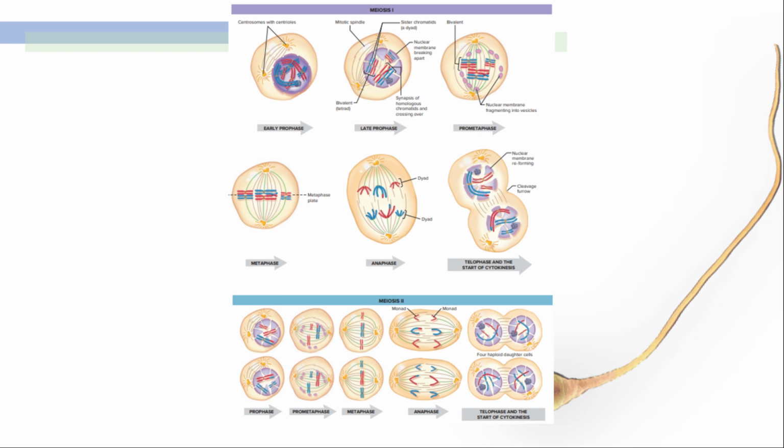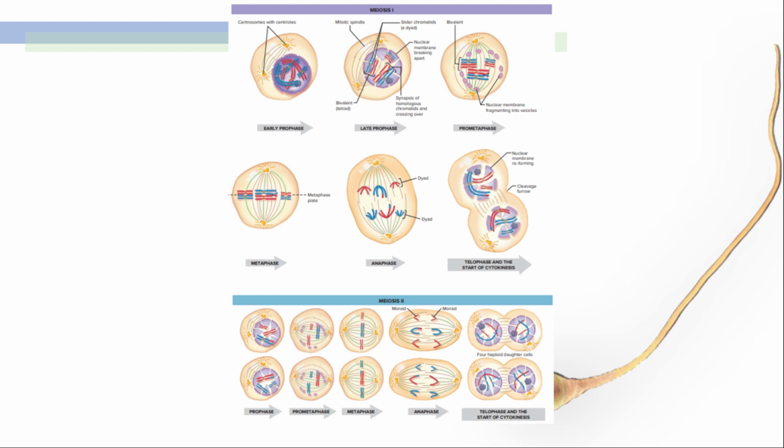Ibig sabihin, if sa isang layer nandoon yung maternal chromosome, that doesn't mean na all chromosomes in that layer are maternal. So combination siya. Sa isang layer may maternal, meron ding paternal chromosomes. The chromosomes from the maternal side and from the paternal side don't necessarily have to be located in one layer. So that's what it means to say independent assortment.